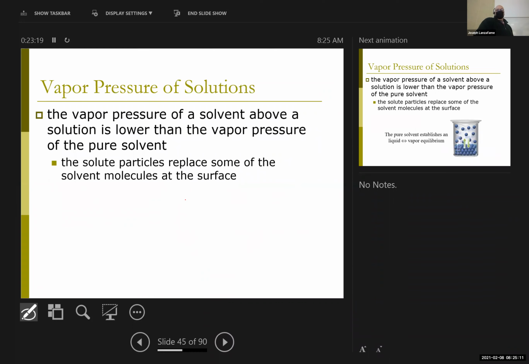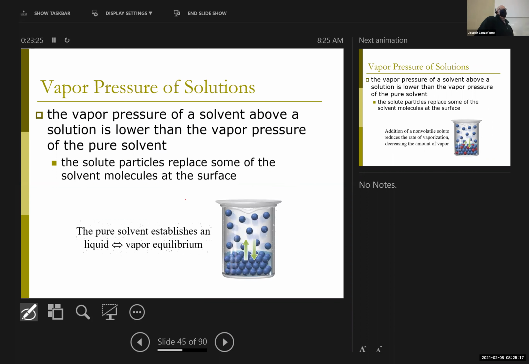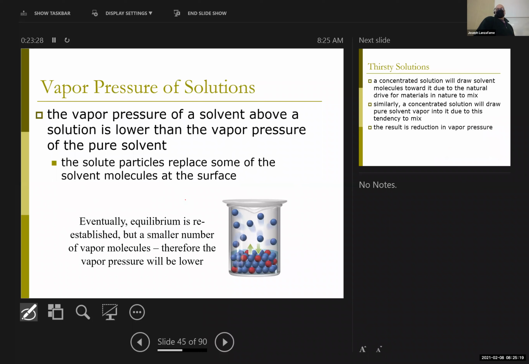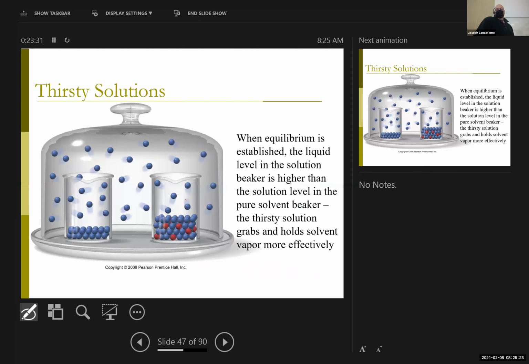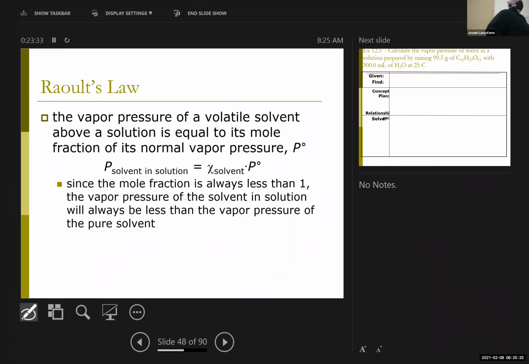And so my vapor pressure ends up being strictly a function of the concentration of the solute. And so the functional dependence is fairly straightforward.